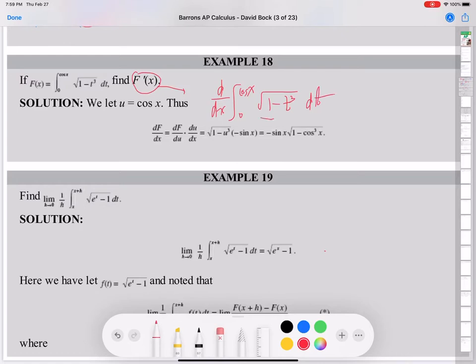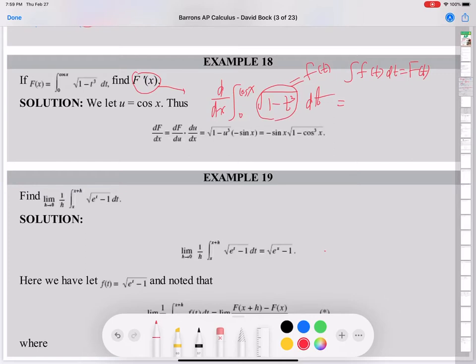If you let this part, square root of 1 minus t cubed, be small f of t, then if you find the integral of small f of t dt, you don't have to find it. Just define that as a capital F of t.